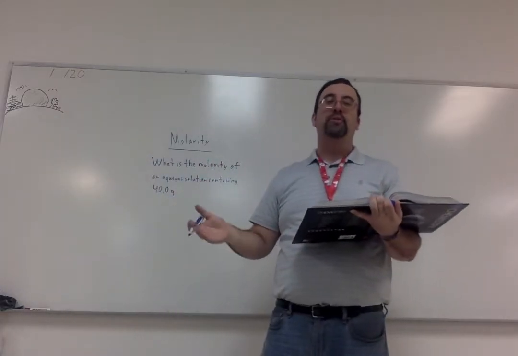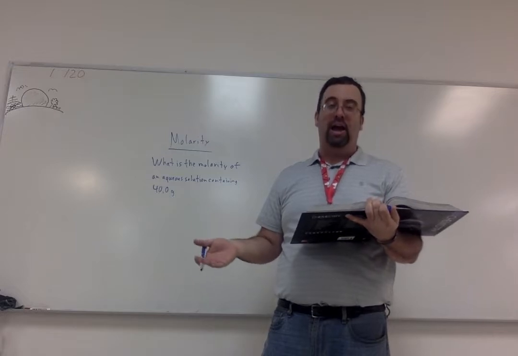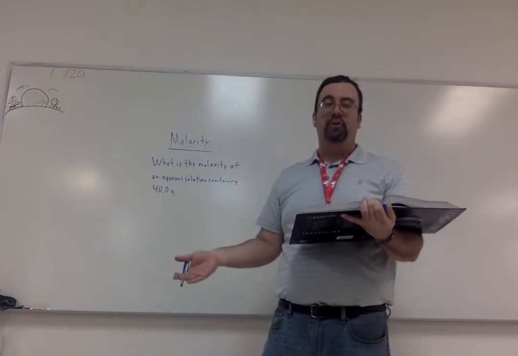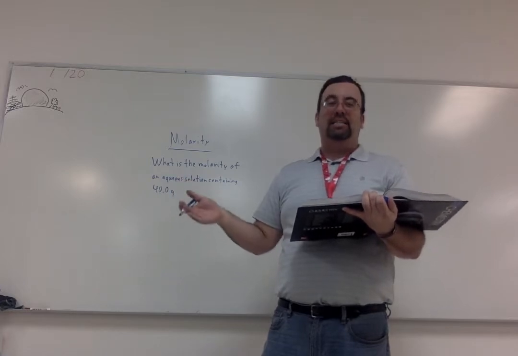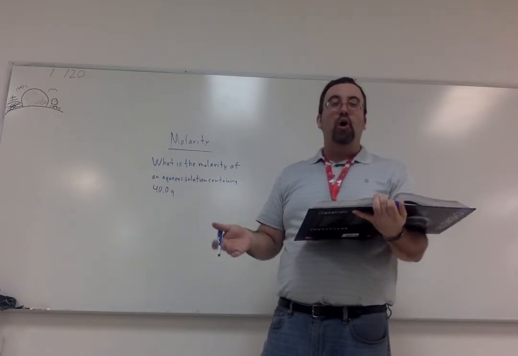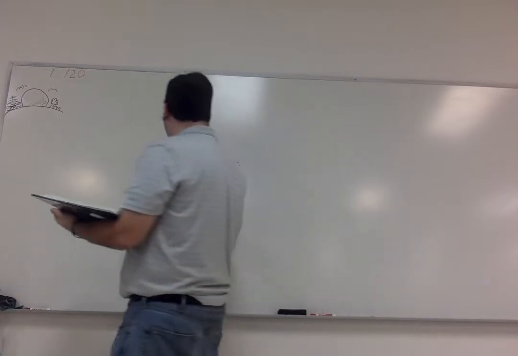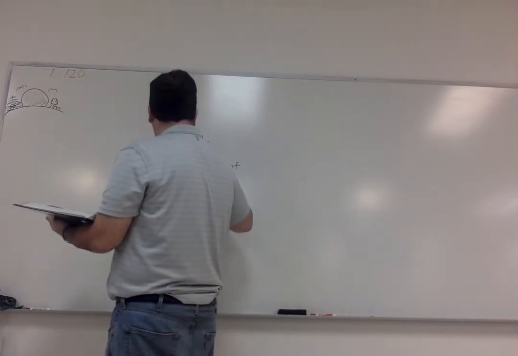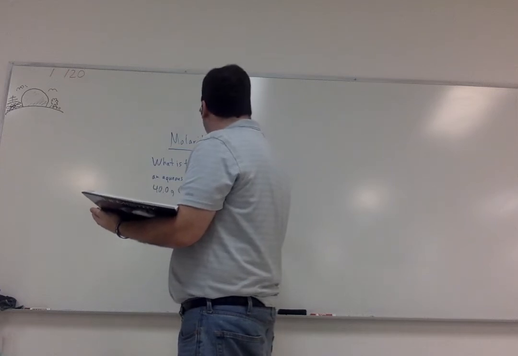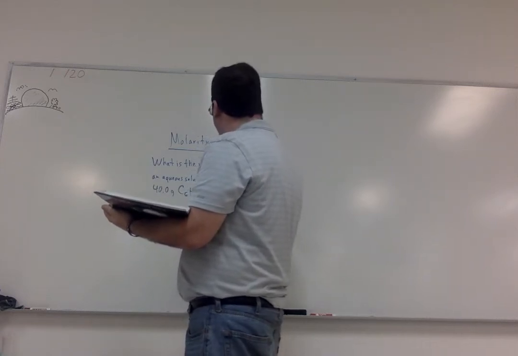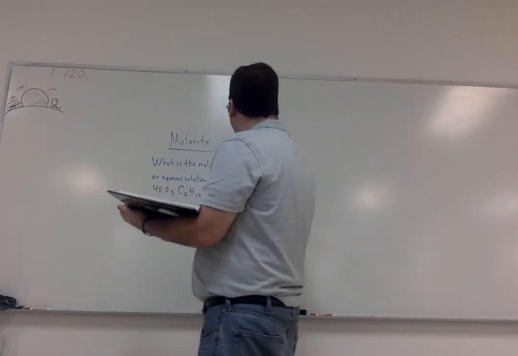And so for those of you in biology class, we are going to go ahead and sing the formula for glucose. That would be C6H12O6, in 1.5 liter of solution.